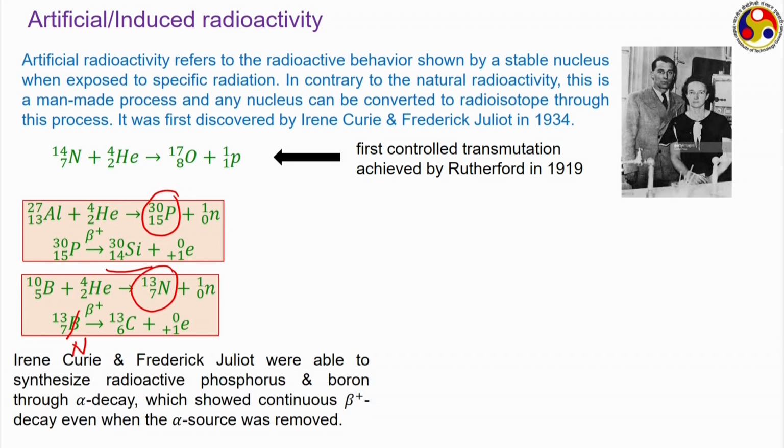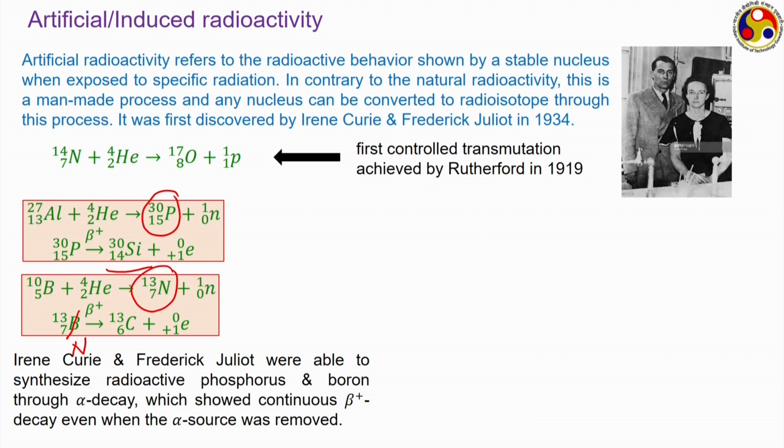More interestingly, the synthesis of phosphorus and nitrogen and their radioactive nature does not depend on the availability of the alpha particle source. Once we have phosphorus-30 or nitrogen-13 available to us, even after removing the source of alpha particles, they kept on ejecting positrons.